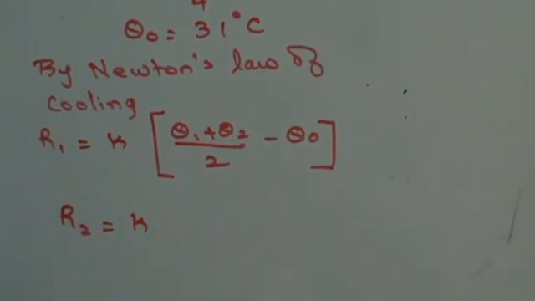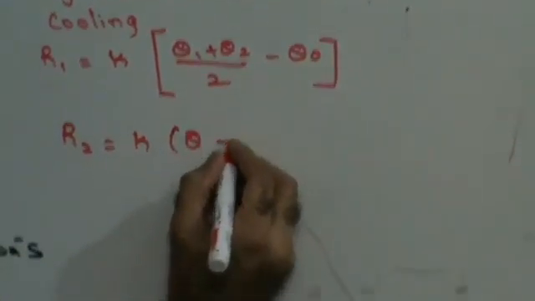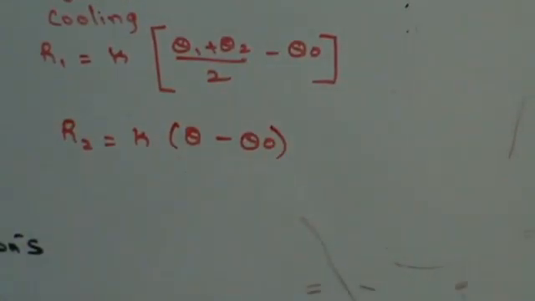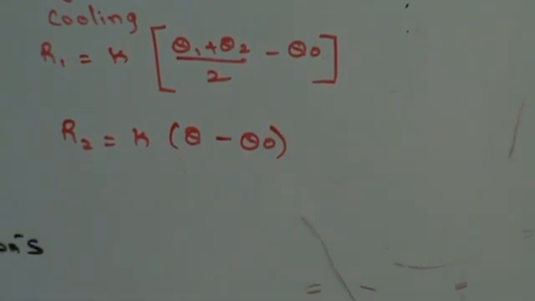At what temperature will its rate of cooling be 1/4 that at the beginning? So I can say R2 is 1/4 that of the beginning. I could say R2 is K times theta minus theta 0. That is the temperature you have to find out, where the rate of cooling is going to be 1/4 of the initial value. Now divide the two equations.